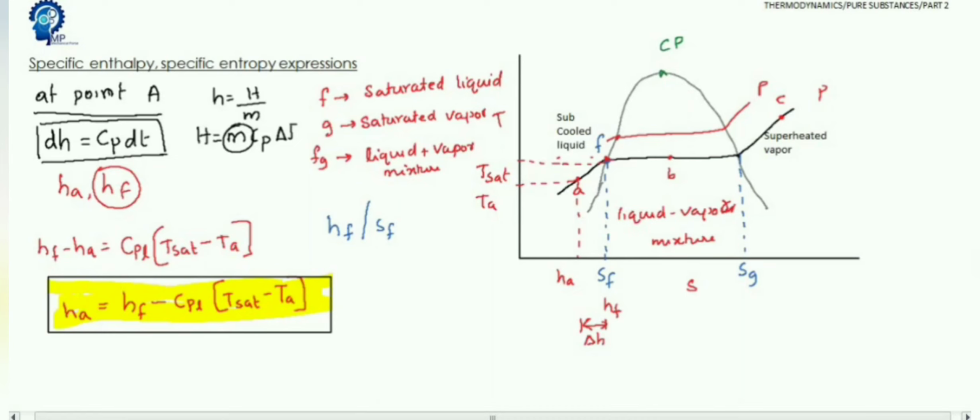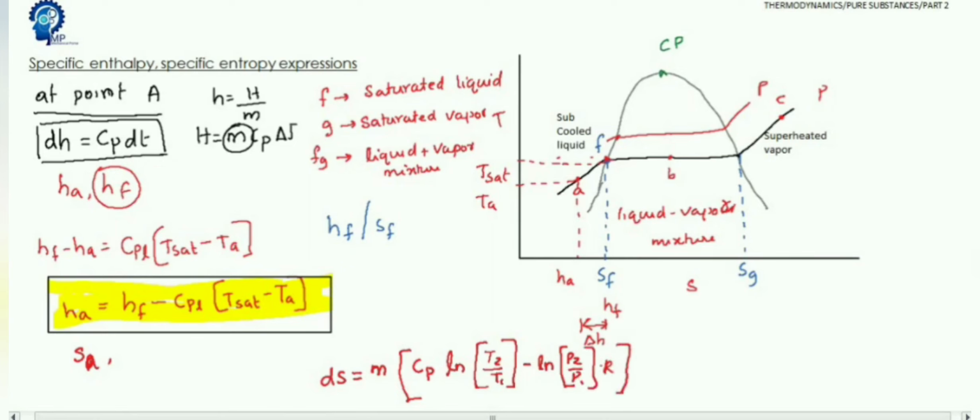Similarly, if I consider SA, the entropy at point A, we know the basic thermodynamic equation: ds equal to m Cp log T2 by T1 minus log P2 by P1 into R, where R is the gas constant, P2 and P1 are pressures at state 1 and state 2, T2 and T1 are temperatures at state 1 and state 2, and Cp is the specific heat at constant pressure.